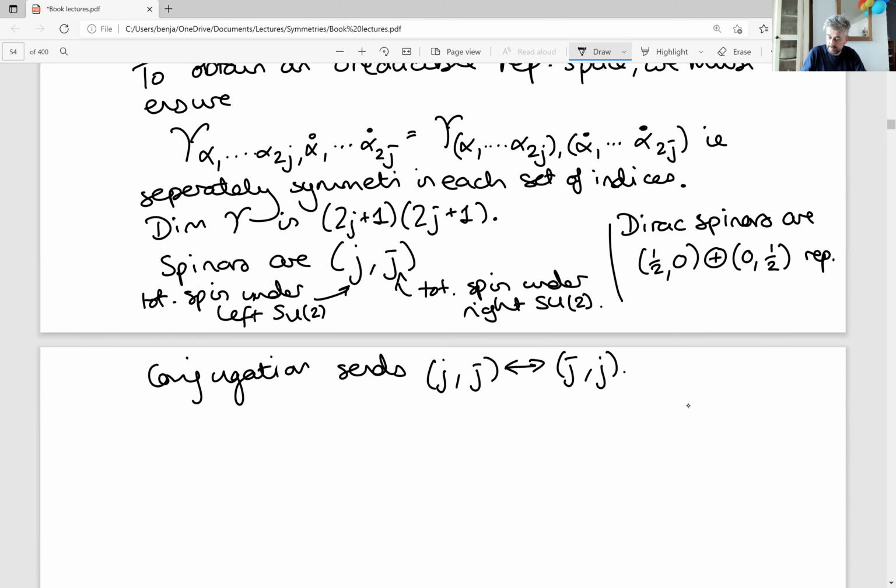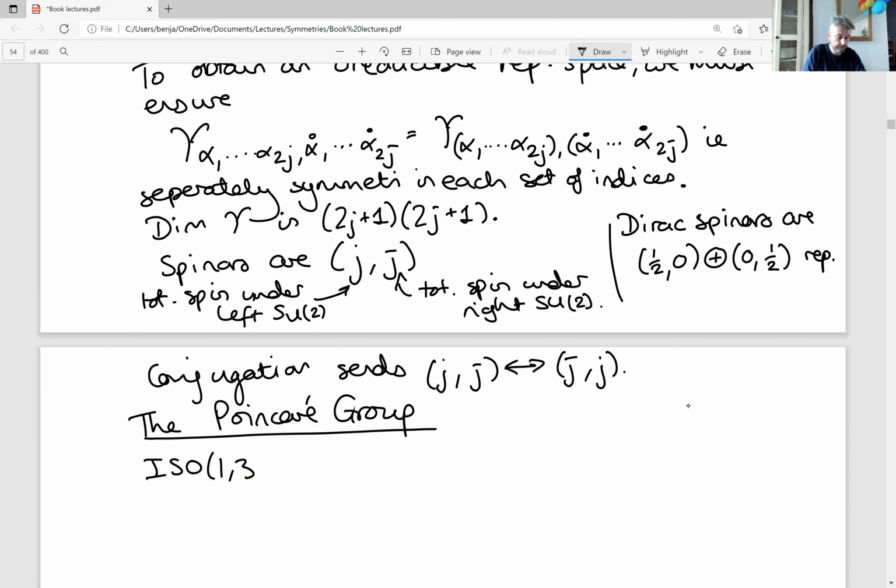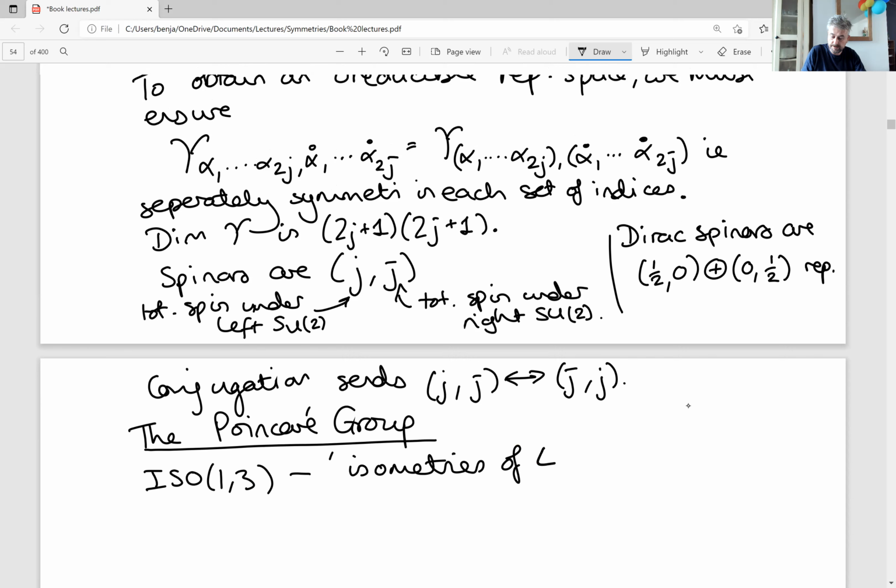All right, so let's switch now to the Poincare group. This is often called ISO 1,3. And what this translates as is the isometries of four-dimensional Minkowski space. So that's why it's called ISO.